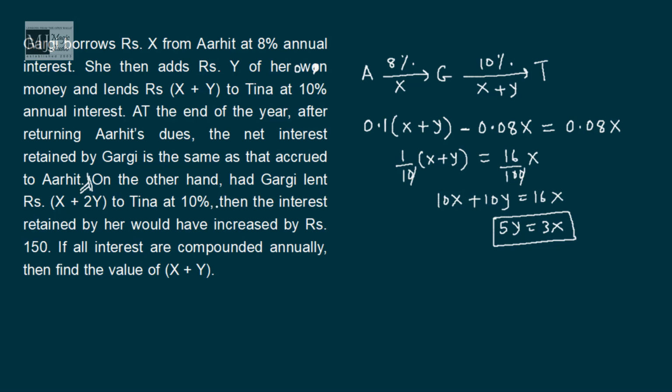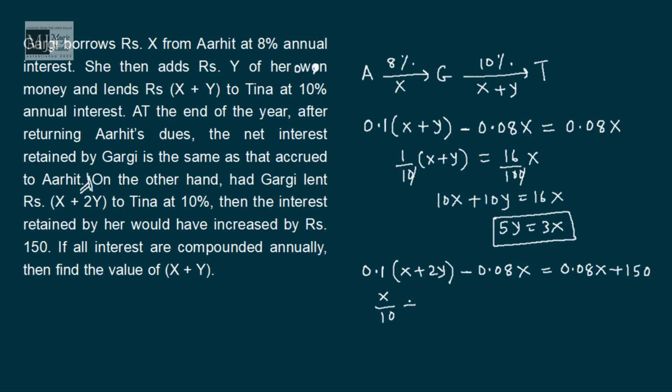On the other hand, had Gargi lent rupees X + 2Y to Tina at 10%, in this case her income is 0.1 of (X + 2Y) minus 0.08X, then the interest retained by her would have increased by rupees 150. So this should be equal to 0.08X + 150.